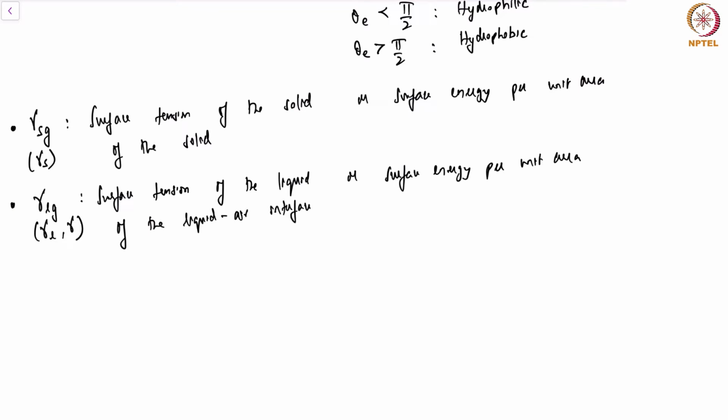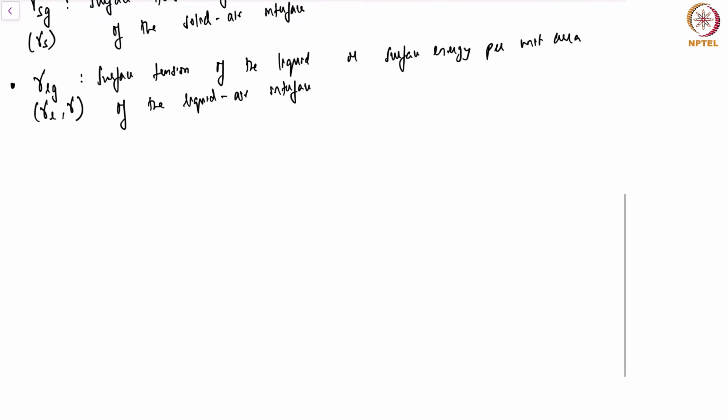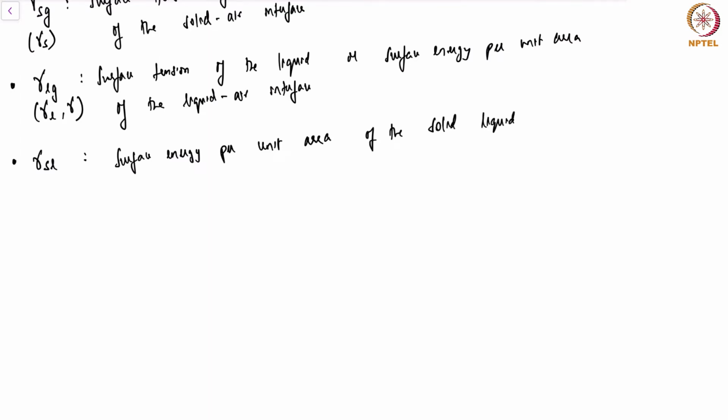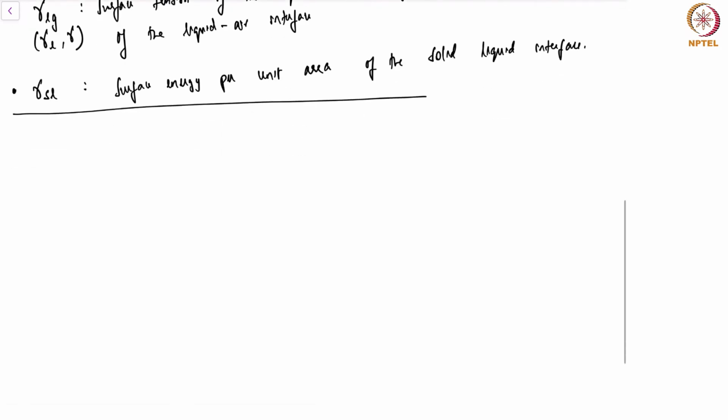In the previous case, gamma Sg represents the surface energy per unit area of the solid-air interface. And finally, we have gamma SL, which is the surface energy per unit area of the solid-liquid interface, right?